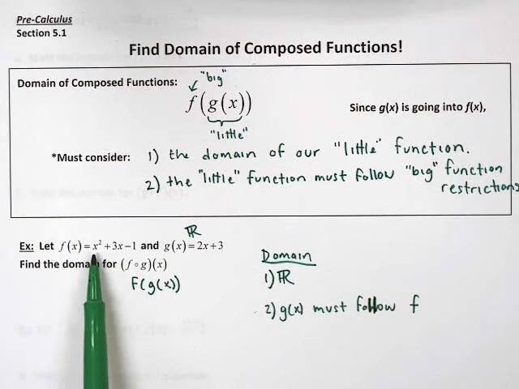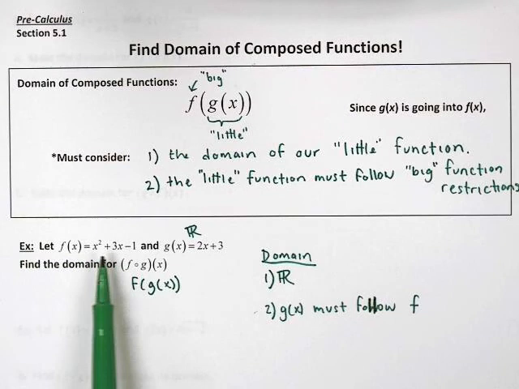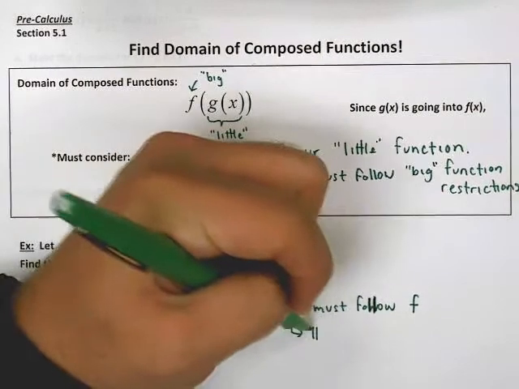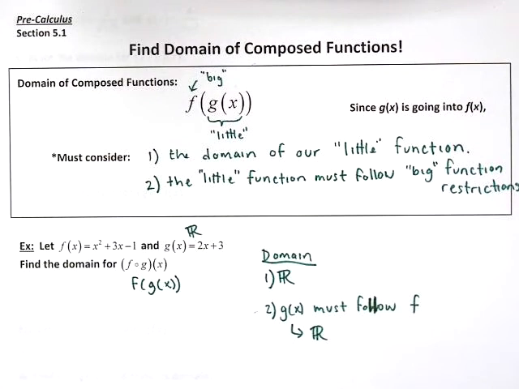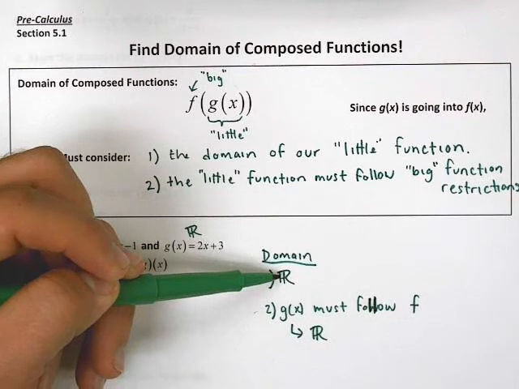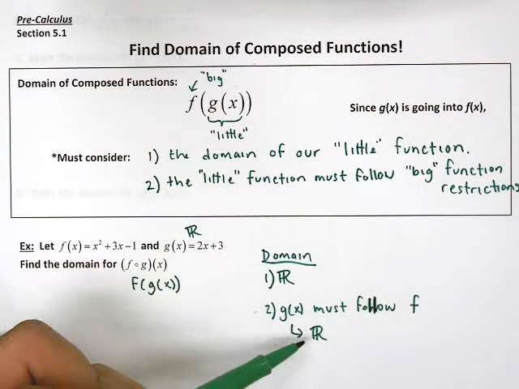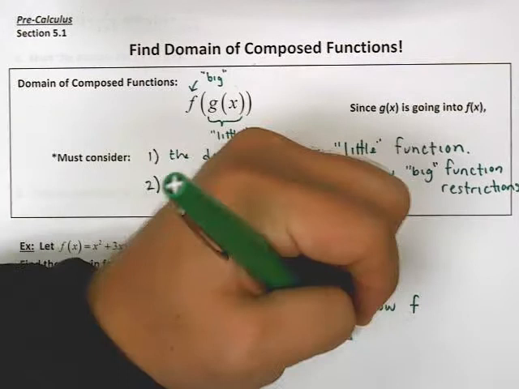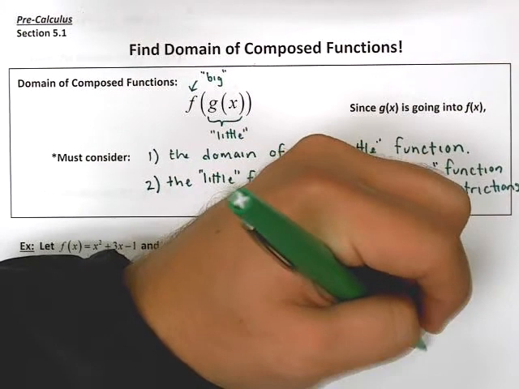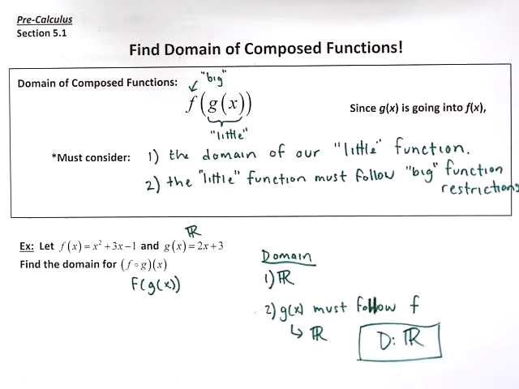Well, we look, let's see, numerator, okay, there are also no restrictions on f of x, so this is also all real numbers. And then what we do, guys, is we put it all together. Okay, we put it all together. We say that from g of x, our domain was all reals. From g of x having to follow f, it was all reals. So our domain in this case is all real numbers.